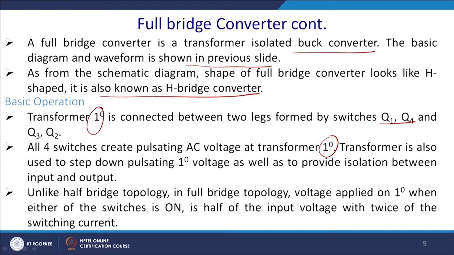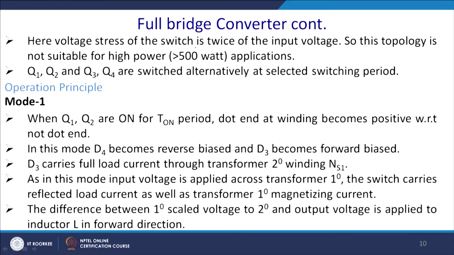Unlike the half bridge topology, in the full bridge topology the voltage applied on the transformer primary when either of the switches is on is half of the input voltage with twice the switching current, where the voltage stress of the switch is twice the input voltage. So, this topology is not suitable for high power, around 500 watts. That is one of the considerations we have to keep in mind.